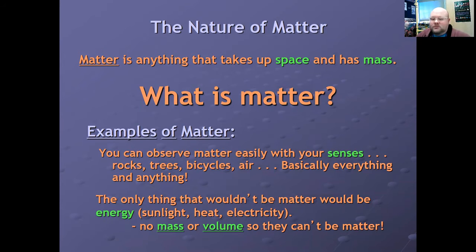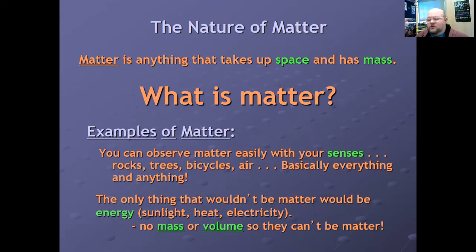For some examples, again, it's anything that you can observe with your senses. And even though sometimes you can't, like air, you don't see it, but you can feel it, you can smell it. So if you can observe it with your senses, it has matter.